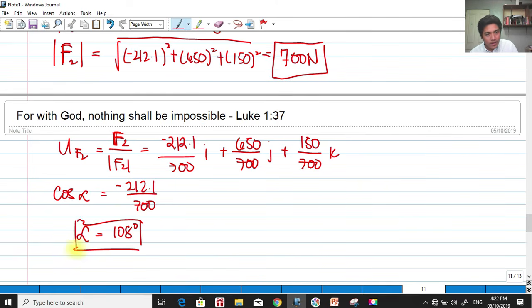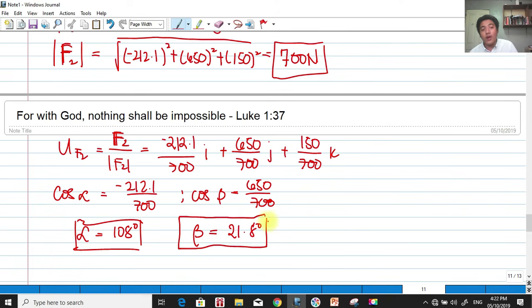Solving for beta, we have 650 over 700, and beta is 21.8 degrees. I've done the shortcut, which I showed you a while ago on how to solve this: simply get the arc cosine of this.